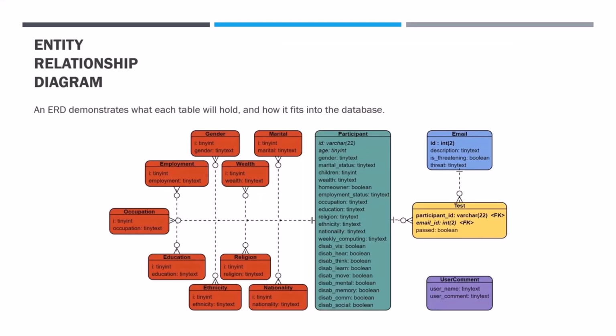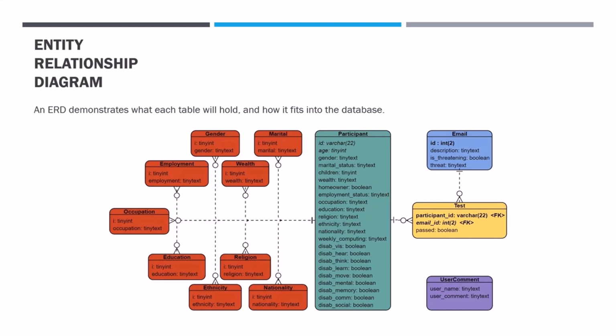This is the entity relationship diagram, and an ERD demonstrates what each table will hold, attributes, and how it fits into the database. At its core, the database revolves around the participants and the emails that they're being tested on.